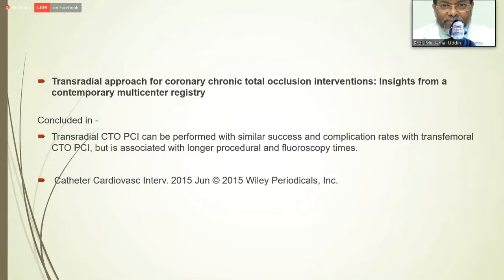Then transradial approach for coronary total occlusion, transradial CT approach.